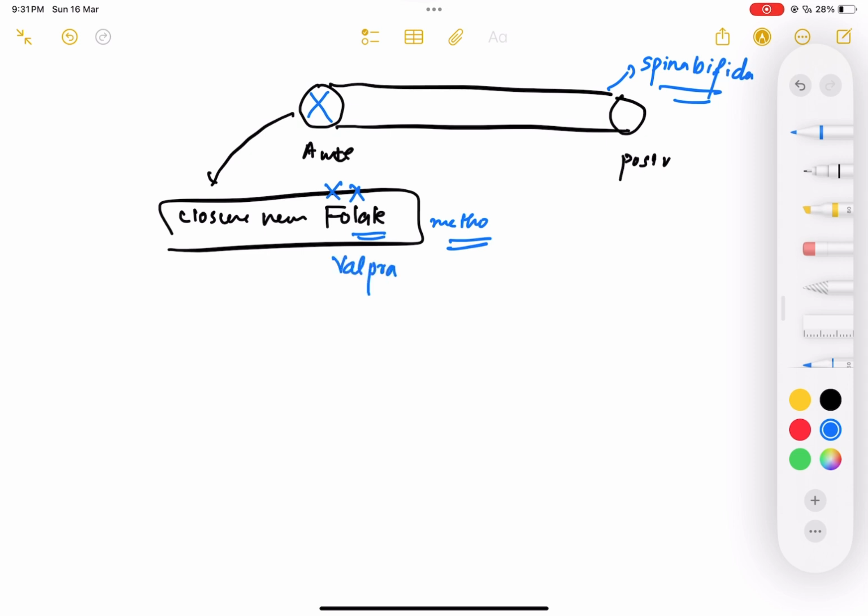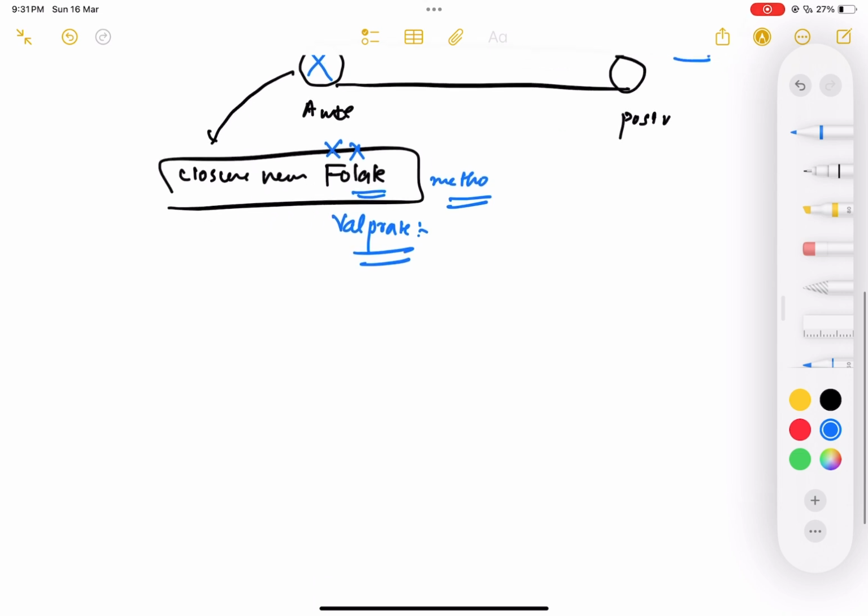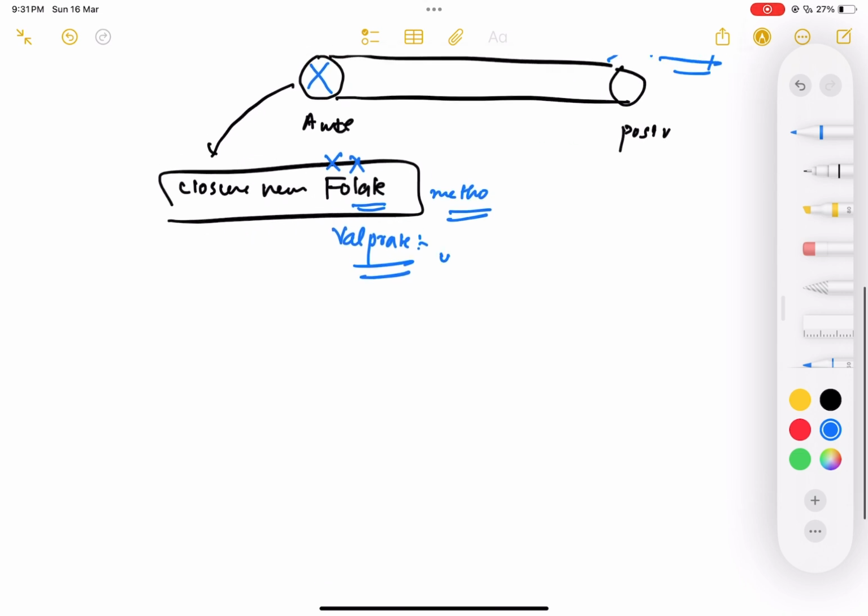Similarly, other drugs, for example valproate, which is used in bipolar disorder, can also interfere with folate metabolism, and in the end can lead to anterior or posterior neuropore defects, right? So you have an MCQ on that, remember, right? You are going to have a lady who has bipolar disorder, and she is using a certain drug. What is that drug, right? You should know it is valproate, right?